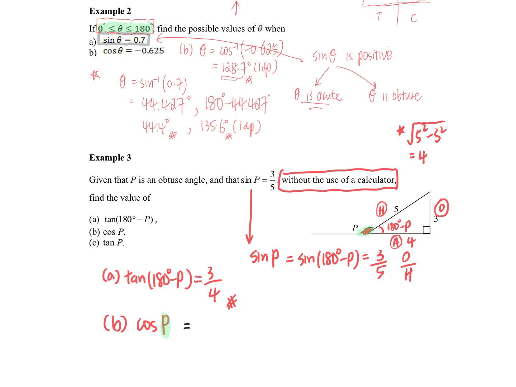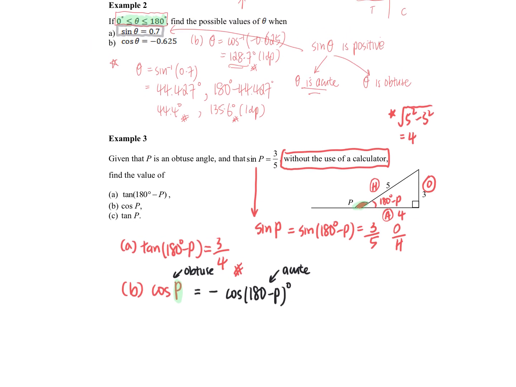So cosine P is negative cosine 180 minus P. Because this is acute, and this is the obtuse one. So just now we established that the obtuse one is negative of the acute. So how to find cosine ratio? What is cosine? A over H. So A is 4, H is 5. So just with the negative sign. So it's the same way as how you find originally, but just add a negative sign.